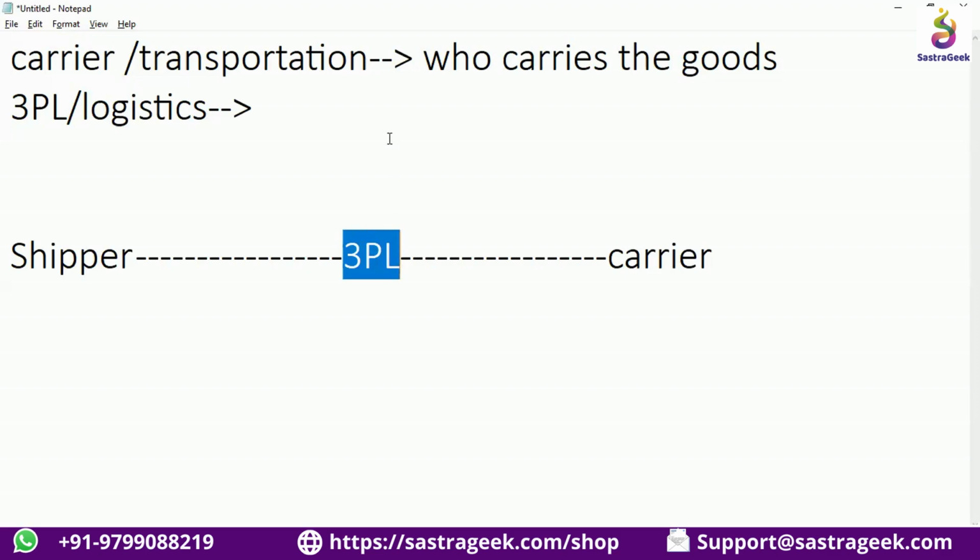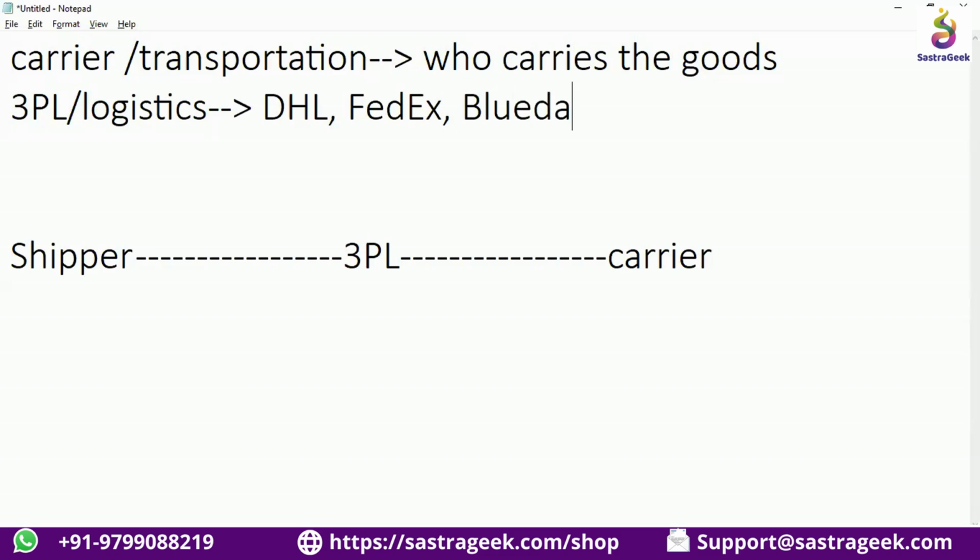So all these, like DHL, Blue Dart, FedEx, First Light, basically these are all termed as 3PL companies. Now I'll come to that particular part where you guys are getting confused it as a carrier.